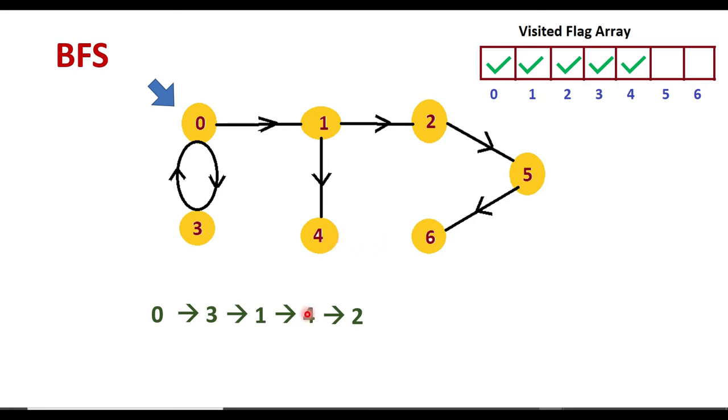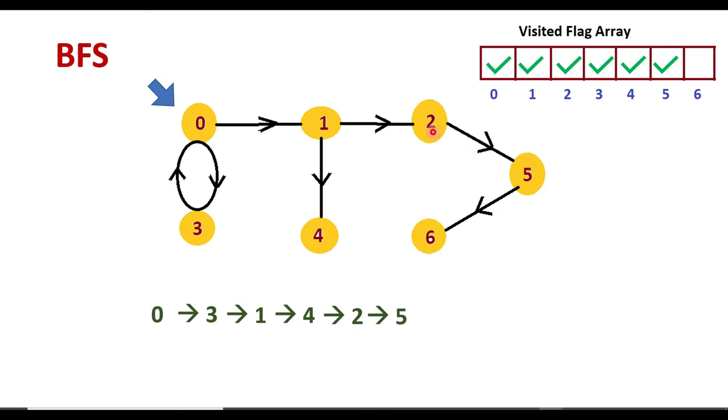Next, from node 4 I have to check where I can go. From 4 there is actually no neighbor present, so then I will move to 2. Then I will check from 2 where I can go, that is 5. So I have to mention 5 here, and as 5 is my visited node, I will mark it here.